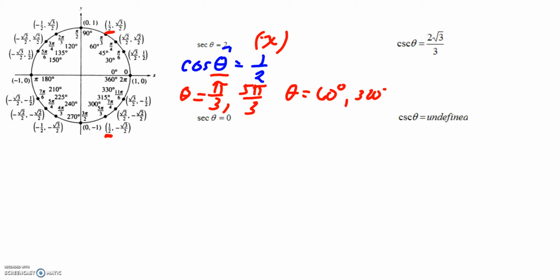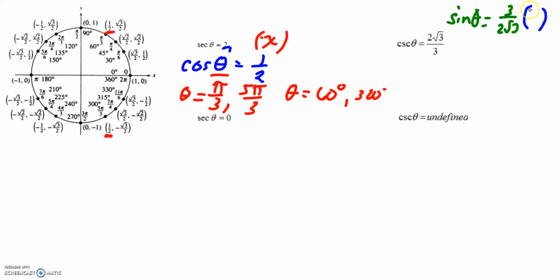The next example here, cosecant of theta equals 2 root 3 over 3. That means to me that the reciprocal function, sine of theta, would originally be 3 over 2 root 3. But the problem with this is now we have a radical in the denominator.